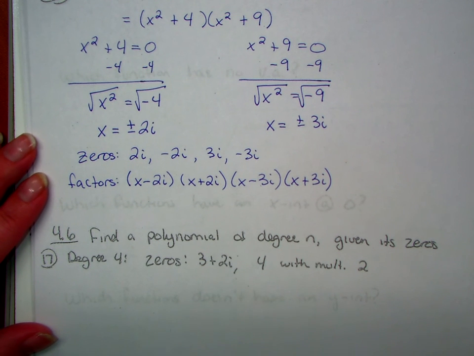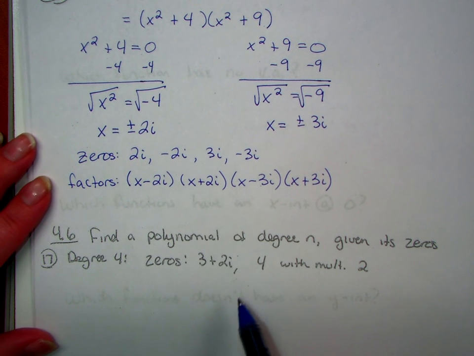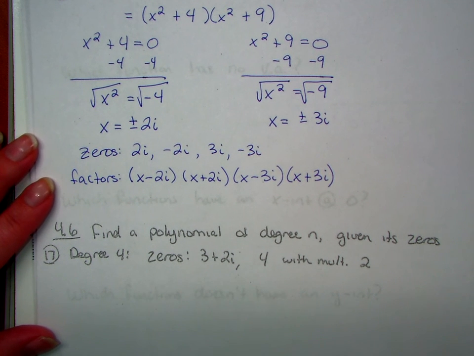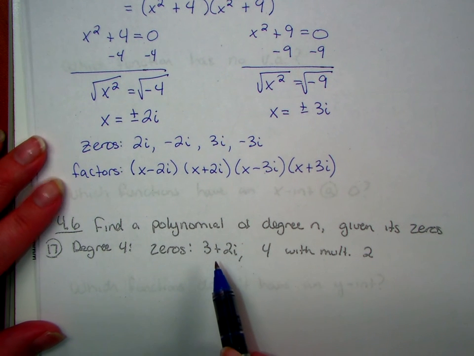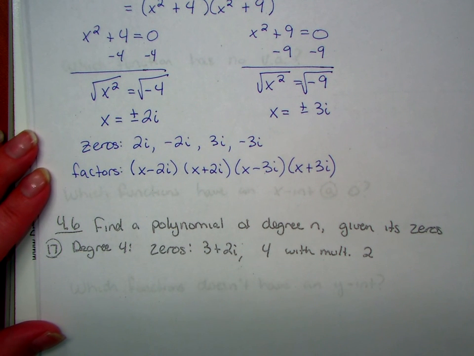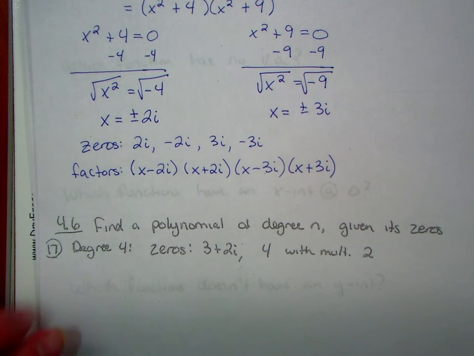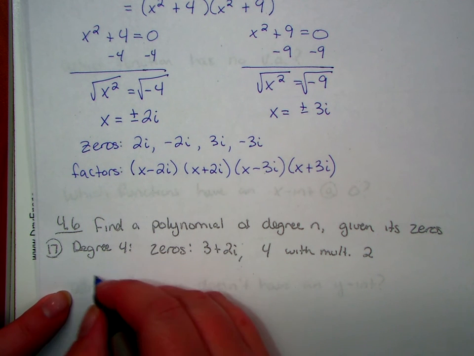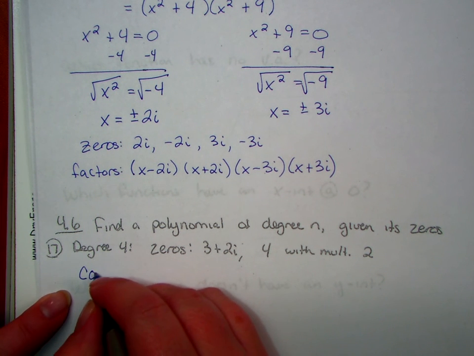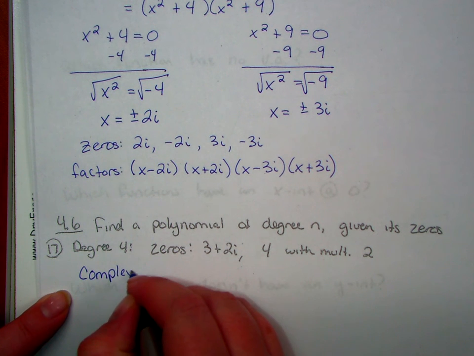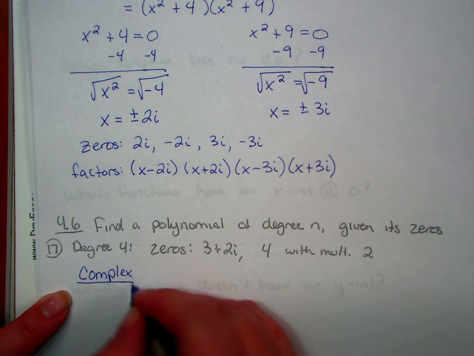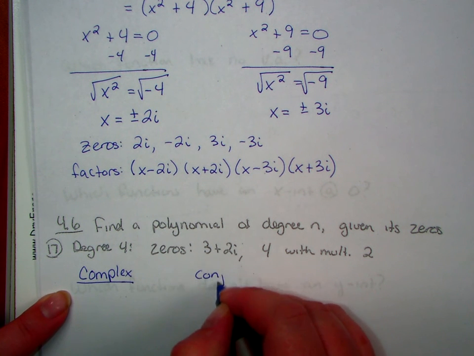If your polynomial has integer coefficients, okay, and real coefficients, all your complex zeros will occur in conjugate pairs, right? So I want you to be able to state what a conjugate is.